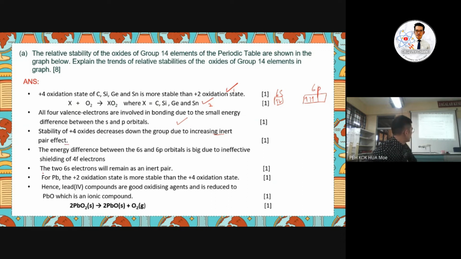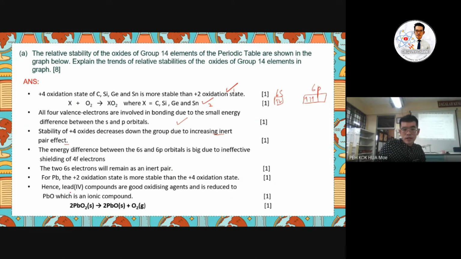Further, the fifth point in the reference answer is that only the two 6s electrons will remain as an inner pair because the nucleus attracts the 6s electrons more tightly, right? So for that, the +2 oxidation state is more stable than the +4 oxidation state.